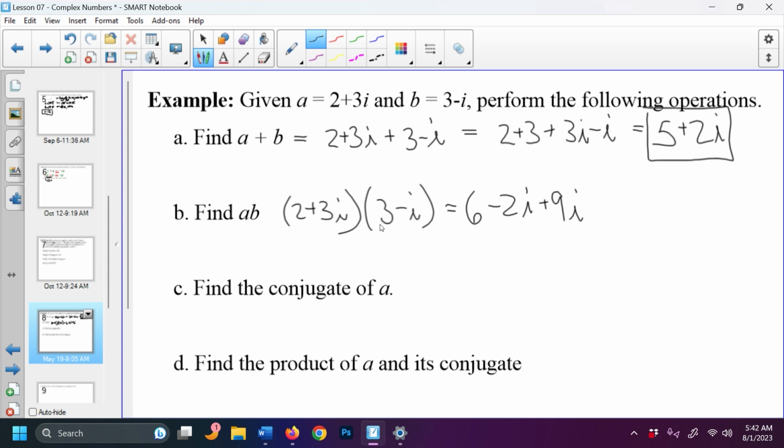And then 3i times negative i is negative 3i squared. Collecting my like terms, I have 6, and then negative 2i and positive 9i is 7i. And then i squared, we remember to be negative 1. And so negative 3 times negative 1 is 3. 6 and 3 is 9. And then I have my plus 7i.